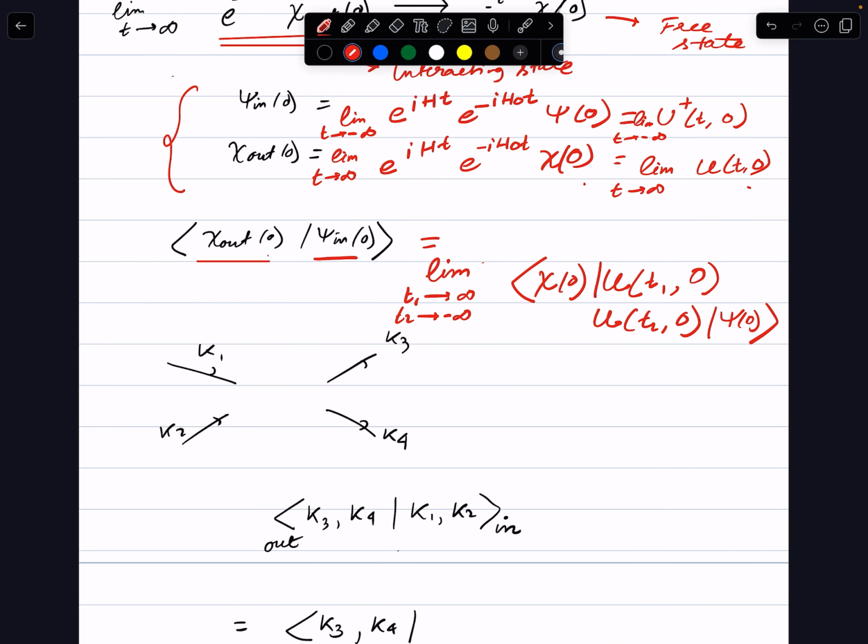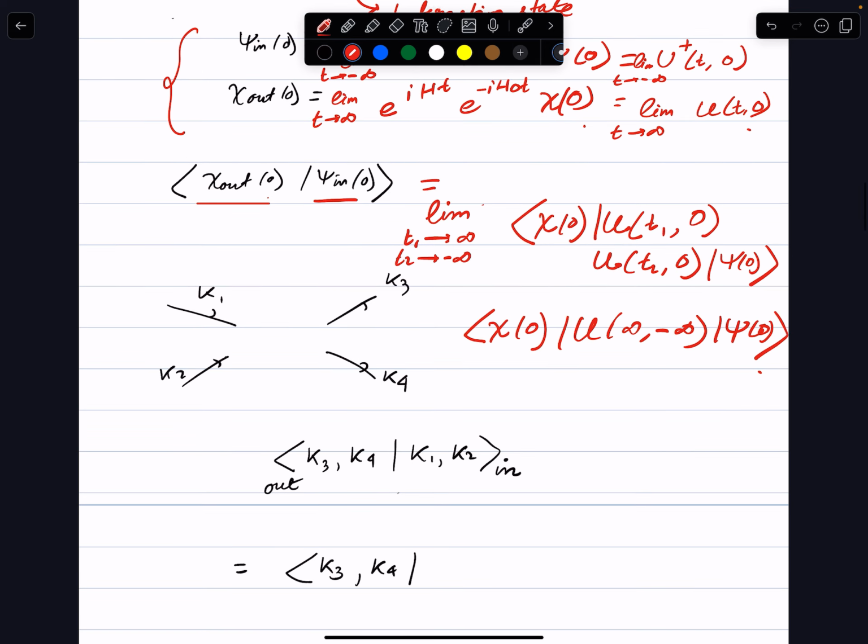And then you can show, which you will do in an exercise, that this simply becomes chi 0 U of infinity to minus infinity psi 0. Okay.